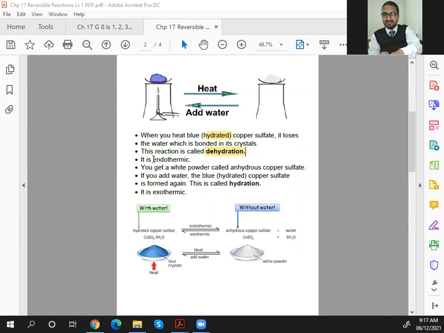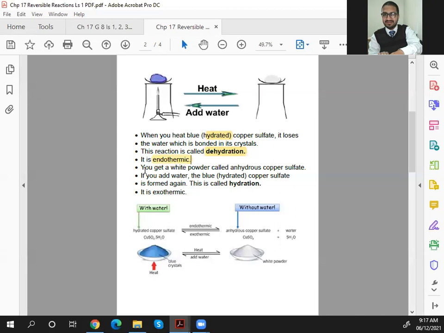Okay, dehydration means without water. Understand? That is very easy. It is endothermic. Who knows this term? I know we explained this term very well in the last chapter. I hope everyone understands the meaning of endothermic. There are two types of reaction in which energy comes in and goes out, endothermic and exothermic.